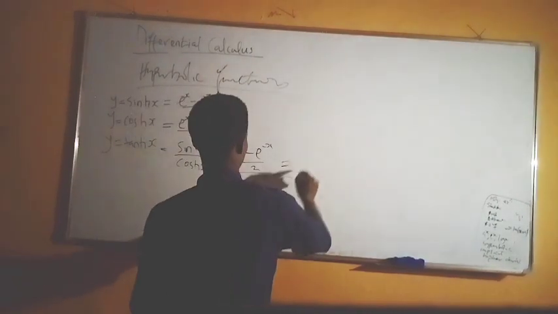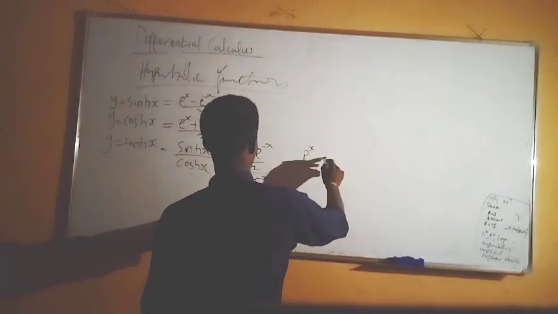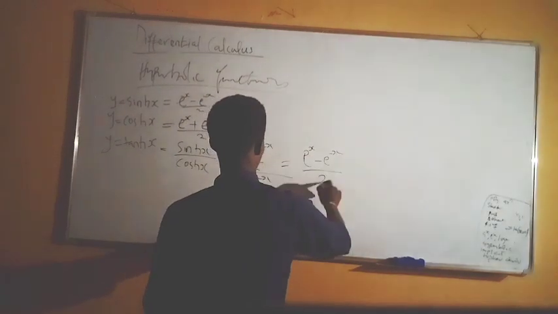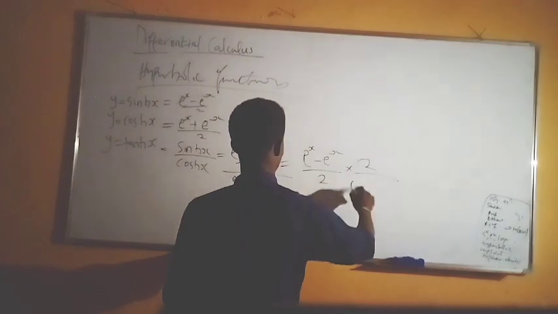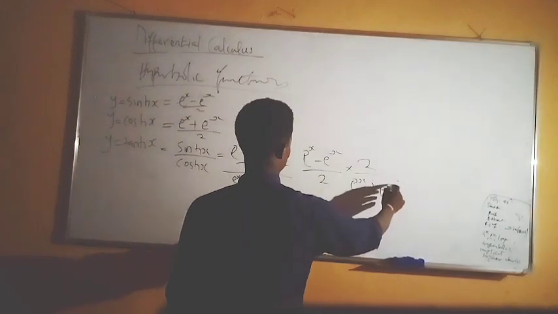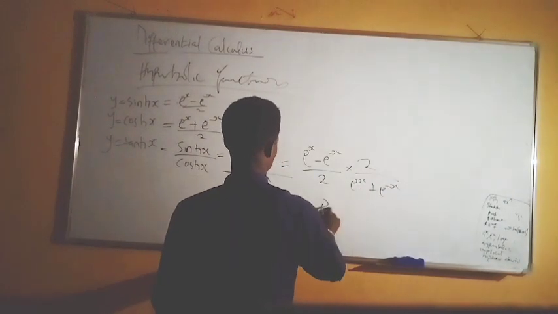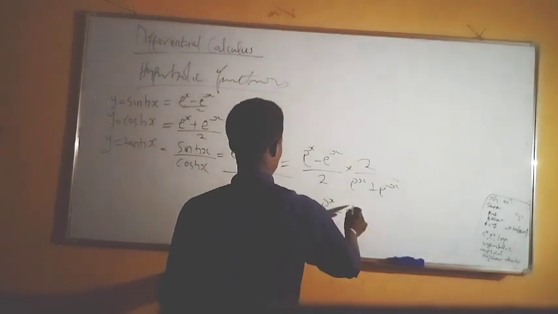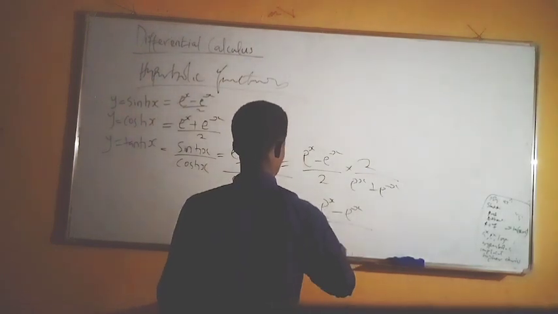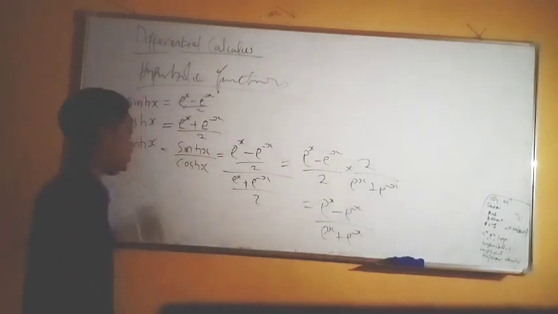This gives us e raised to x minus e to the power minus x over e to the power of x plus e to the power minus x.